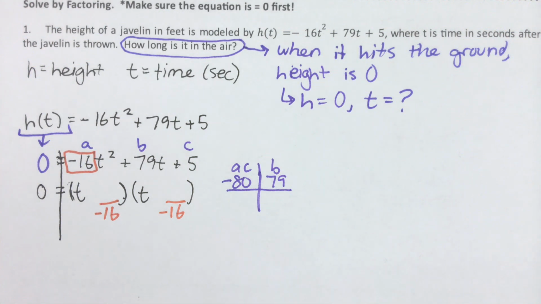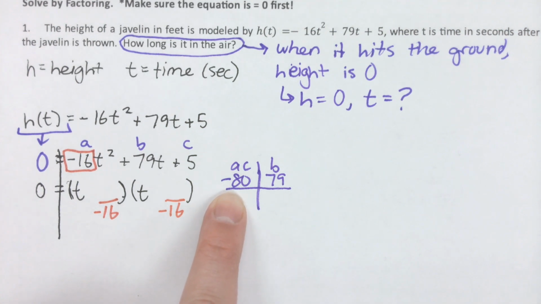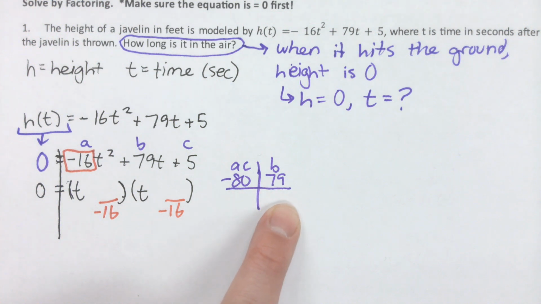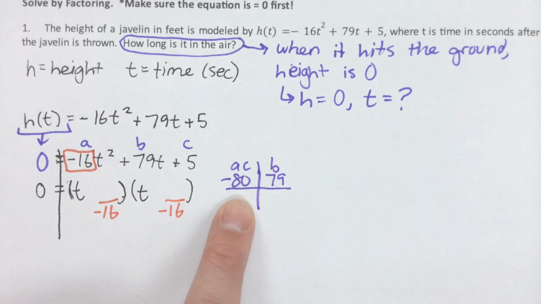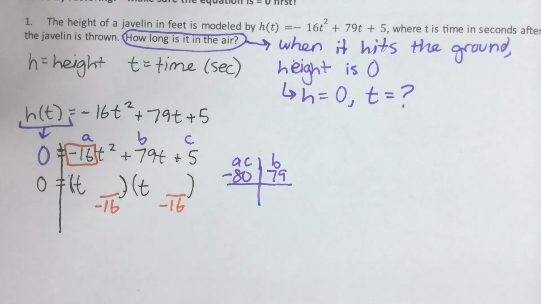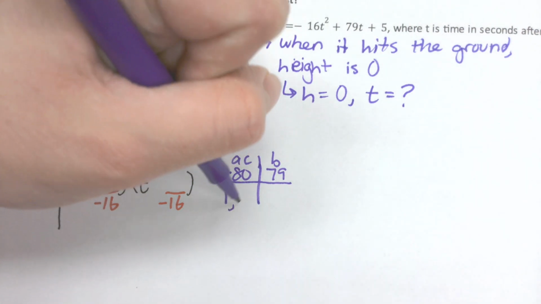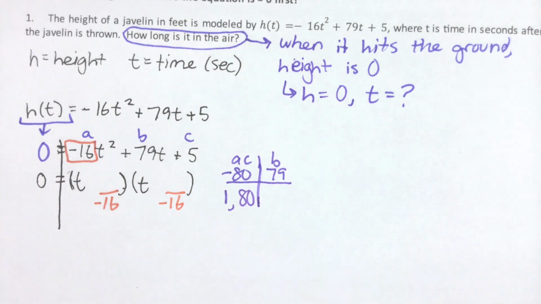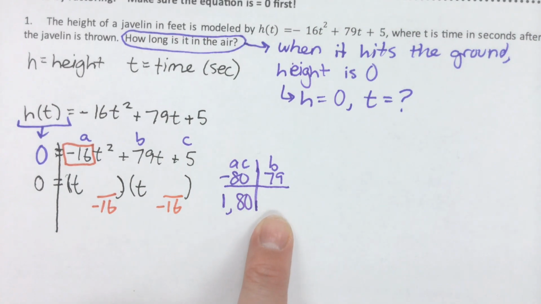Let's find those numbers. So we need two numbers that multiply to negative 80 and add to 79. What is it? 1 and negative 80? So we're going to use 1 and 80. However, we want a positive 79.